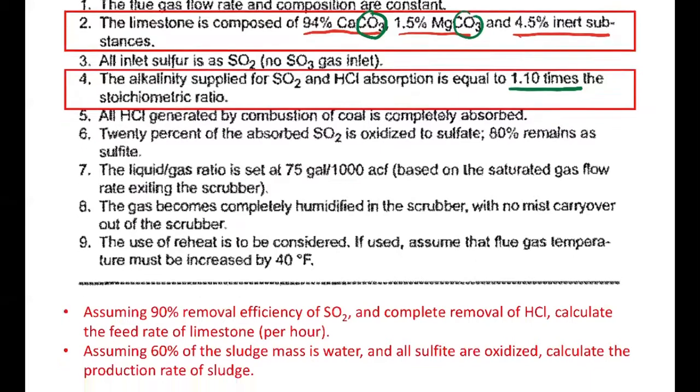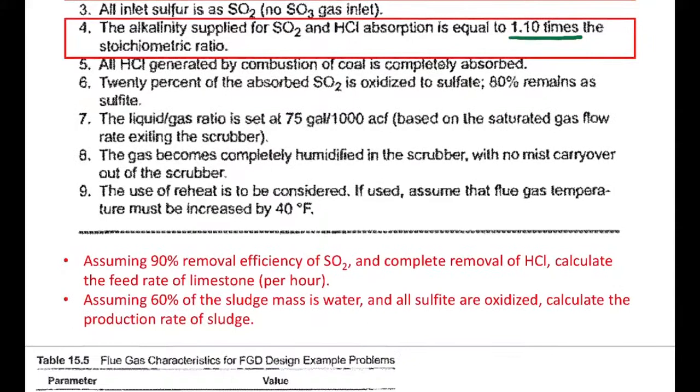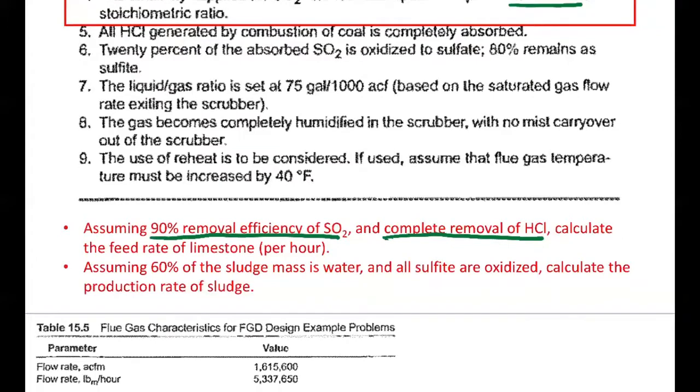Let's further assume that the removal efficiency of the sulfur dioxide is 90%. And for the hydrogen chloride, there's a complete removal. These are the assumptions that were made for this reaction here. Then, how do we calculate the feed rate of the limestone?